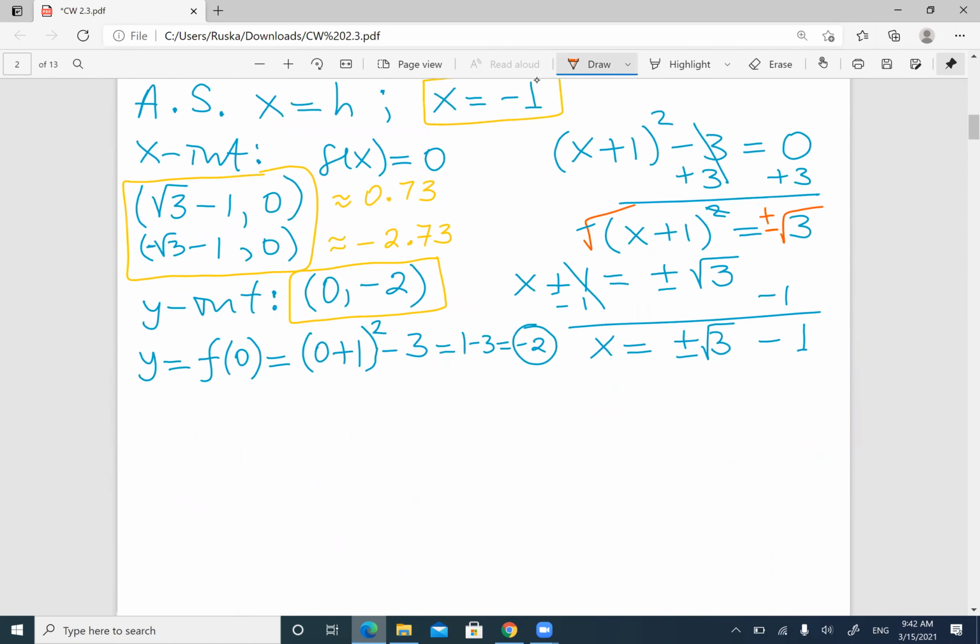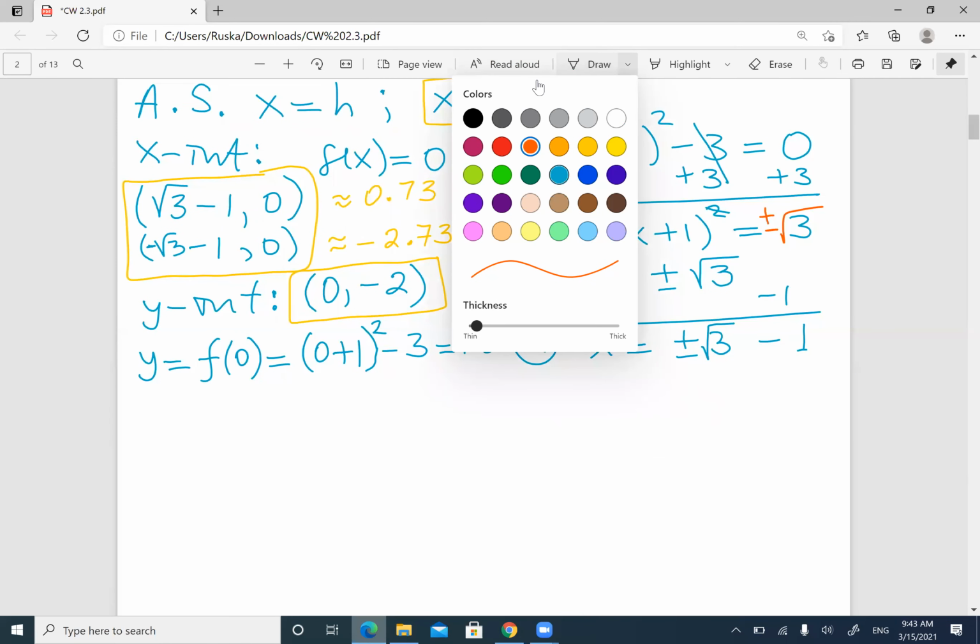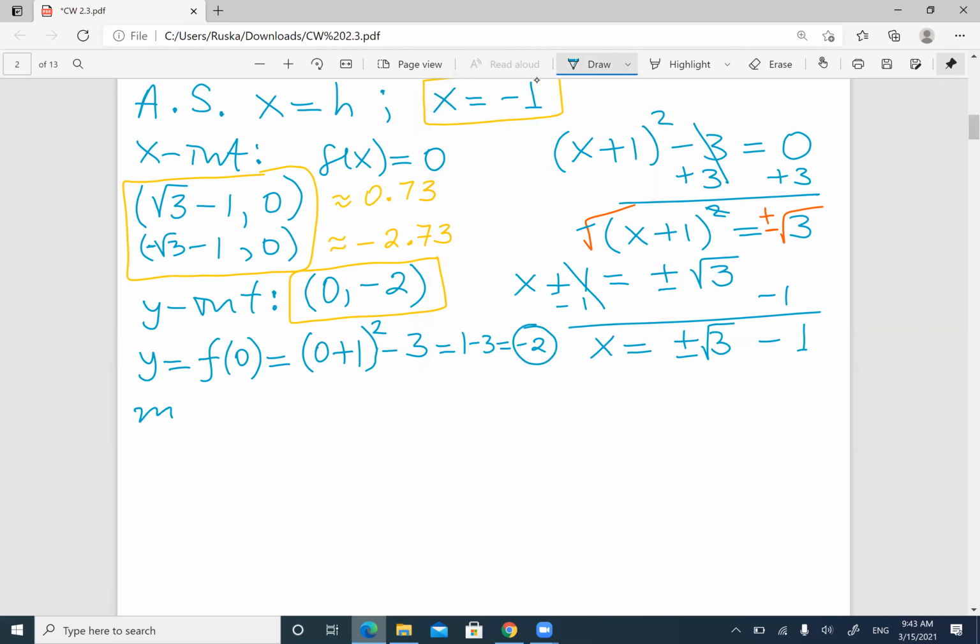So if I want to find is it maximum or minimum, I need to see what is A. So A is 1, and because A is a positive number, that means the parabola is going to look like this. It's going to open up, right?